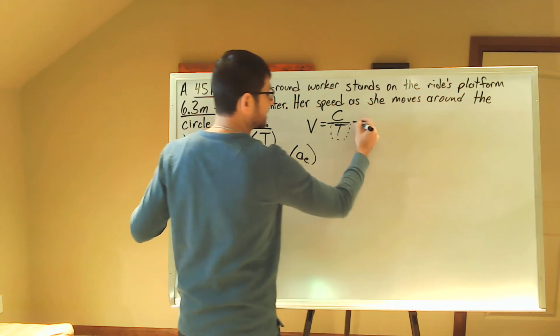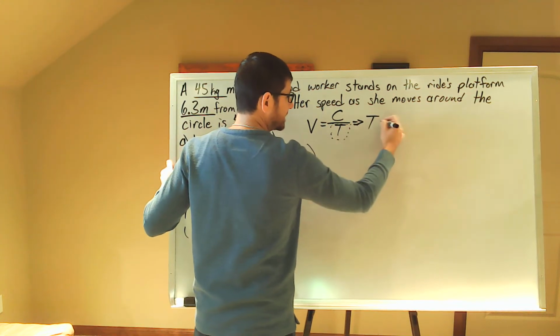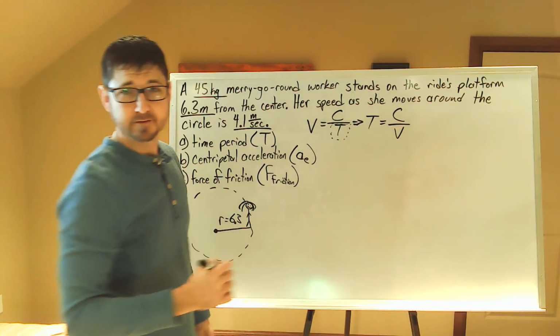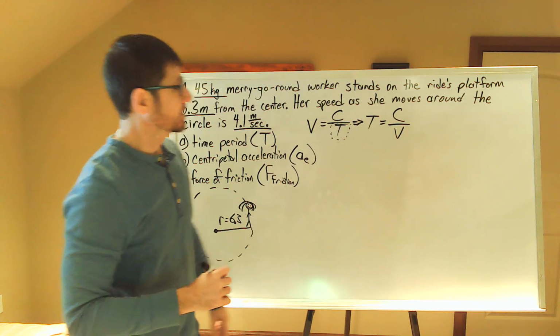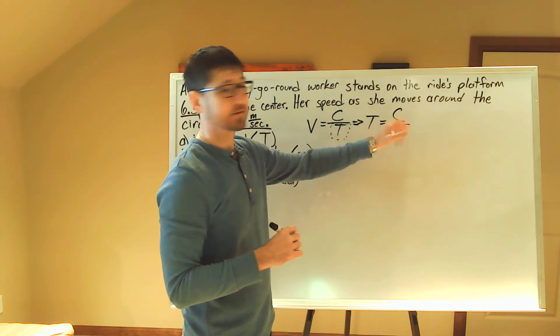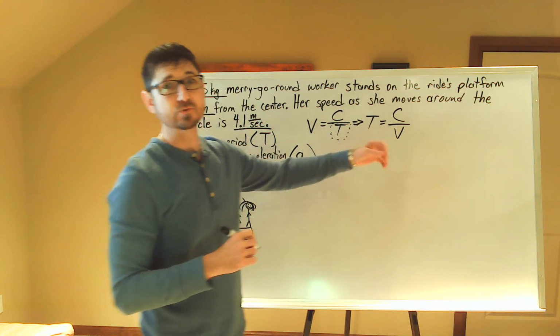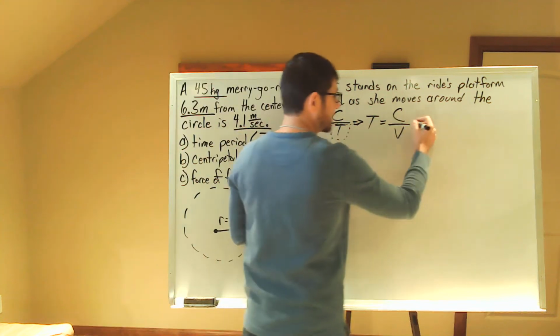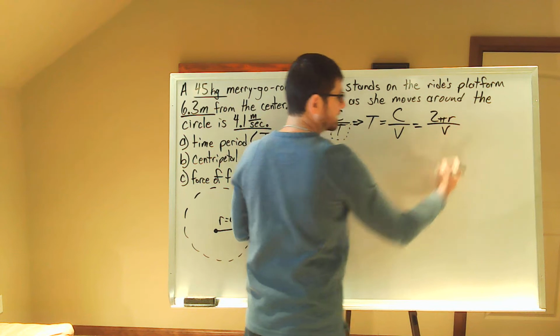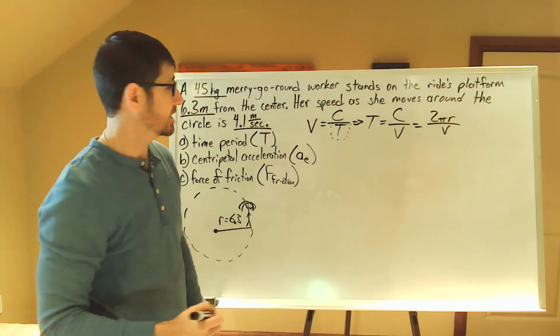So time period is equal to the circumference of the circle divided by the object's velocity. Now I'm going to expand the circumference, because we know that the circumference is equal to 2 pi r. So my time period is equal to 2 times pi times the radius divided by the velocity.